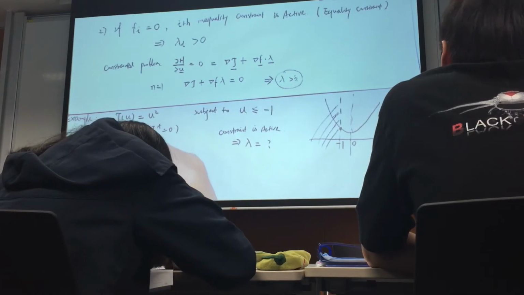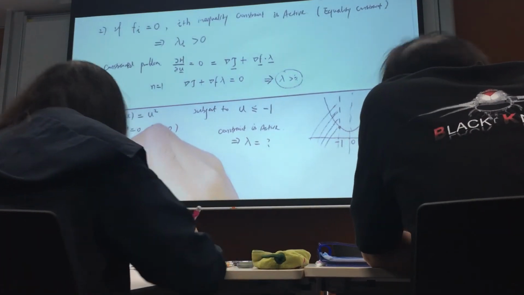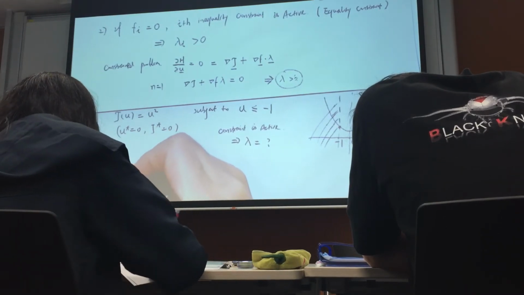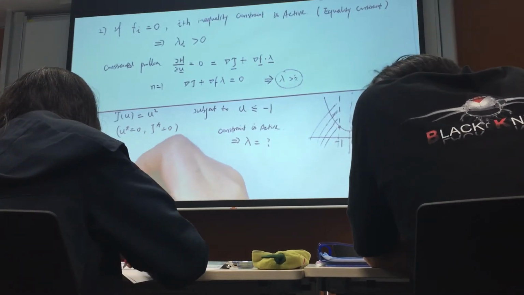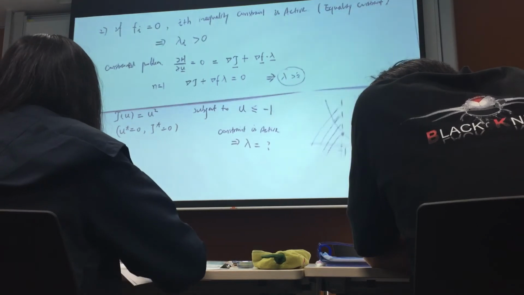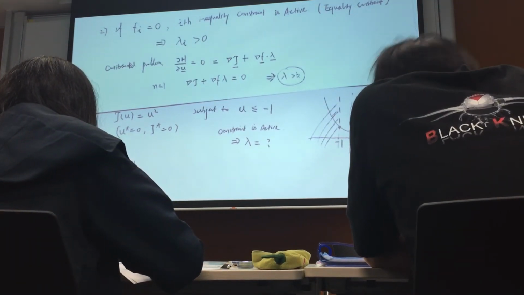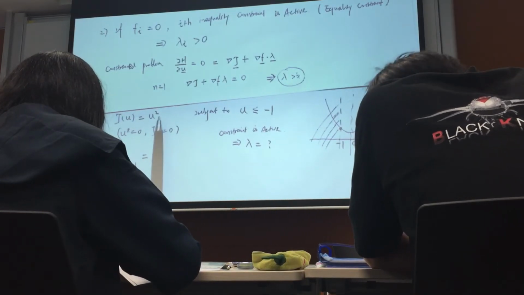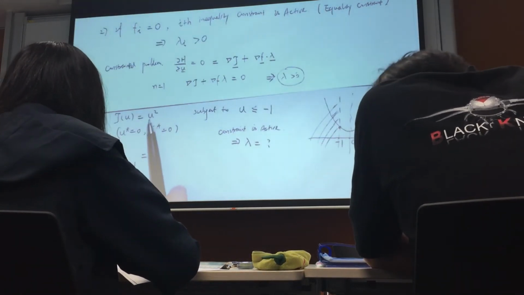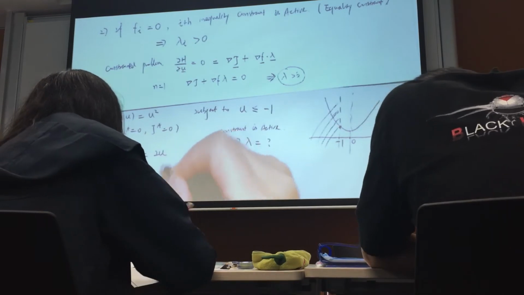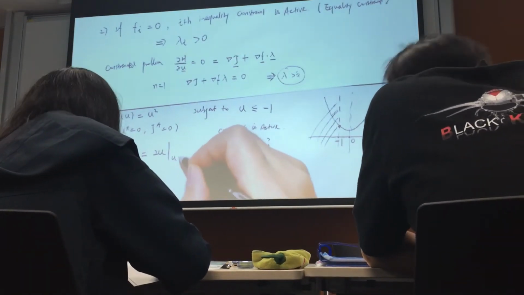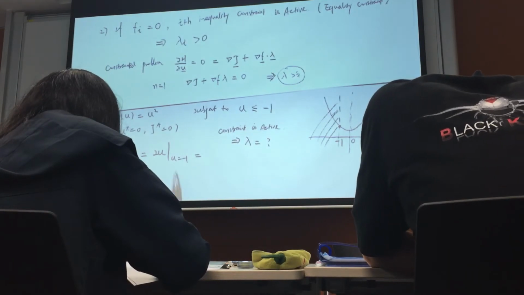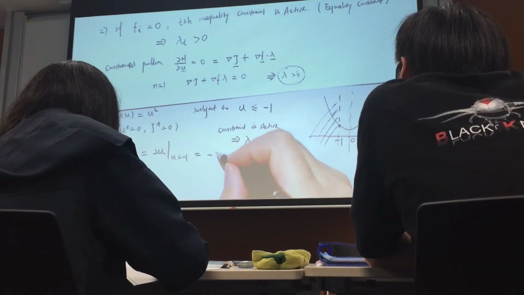We know the delta J is given by dJ/dU at U equal to minus 1, evaluated at the boundary. The dJ/dU is given by this U square, so it's 2U with U equal to minus 1. So this is given by minus 2.